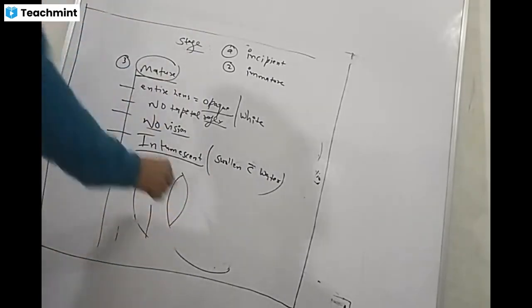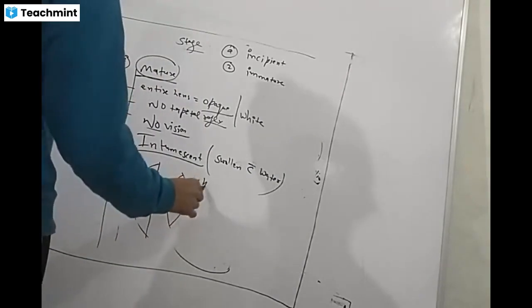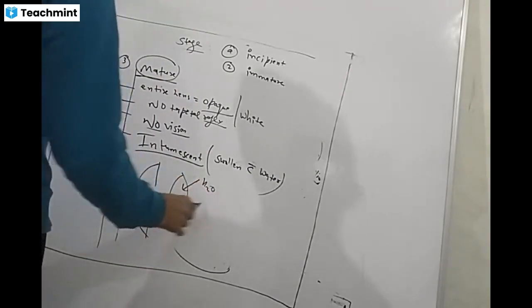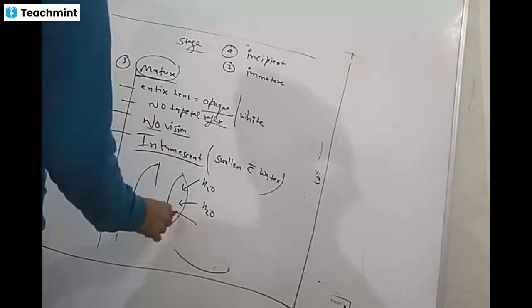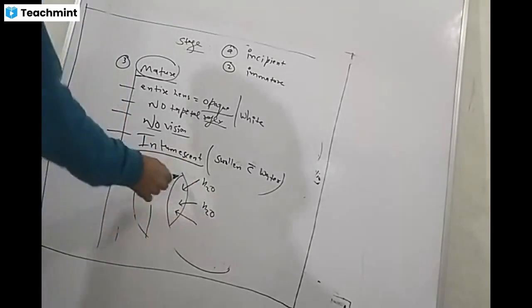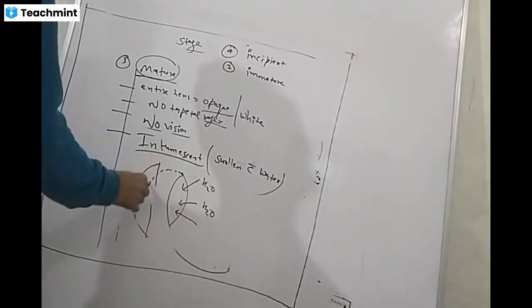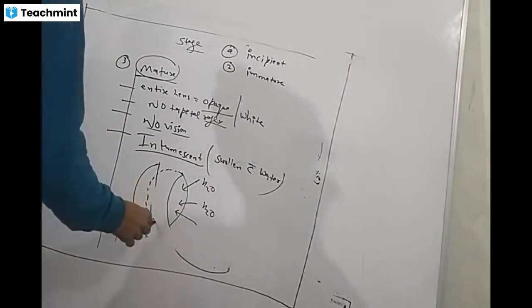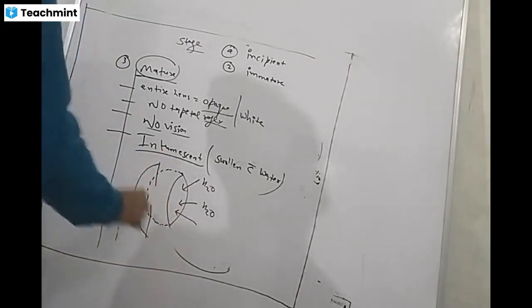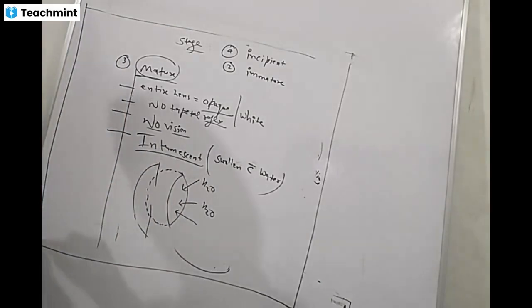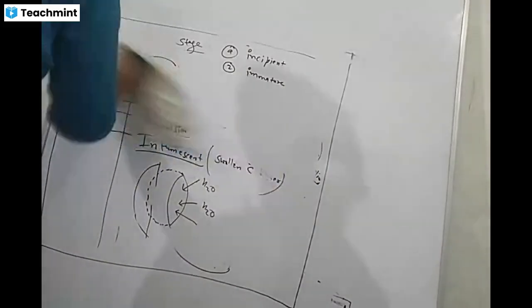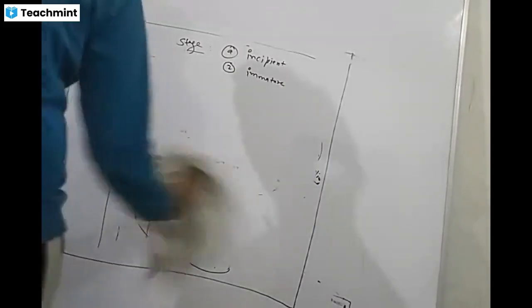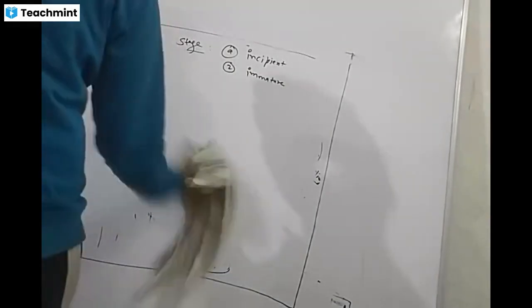In the mature stage, what happens? H2O, water, enters inside the lens. Because of this water entry, your lens becomes swollen.